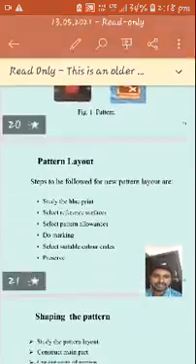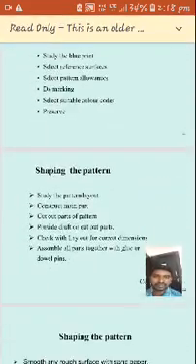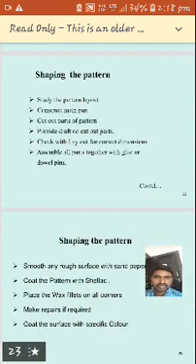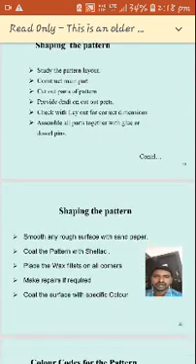And the next point is shaping the pattern, how it is given shape. Study the pattern layout, construct the main parts, cut out parts of the patterns, provide the draft, and check with the layout for correct dimensions. Assemble all parts together with glue or dowel pins.